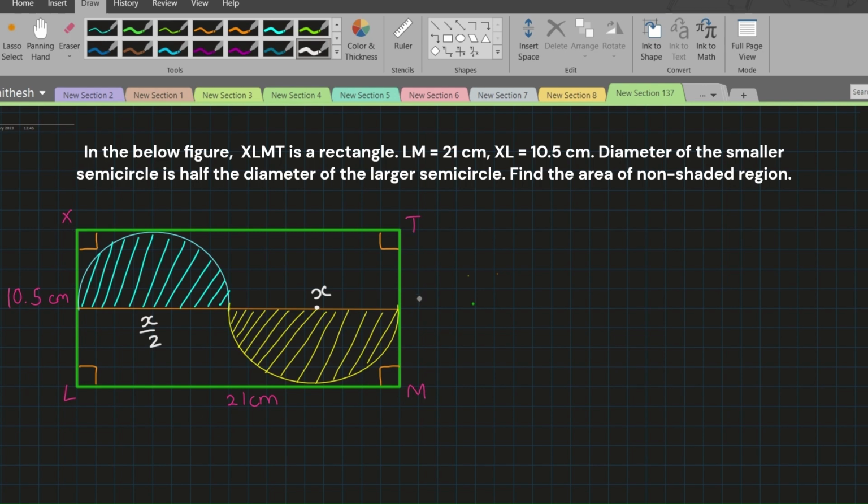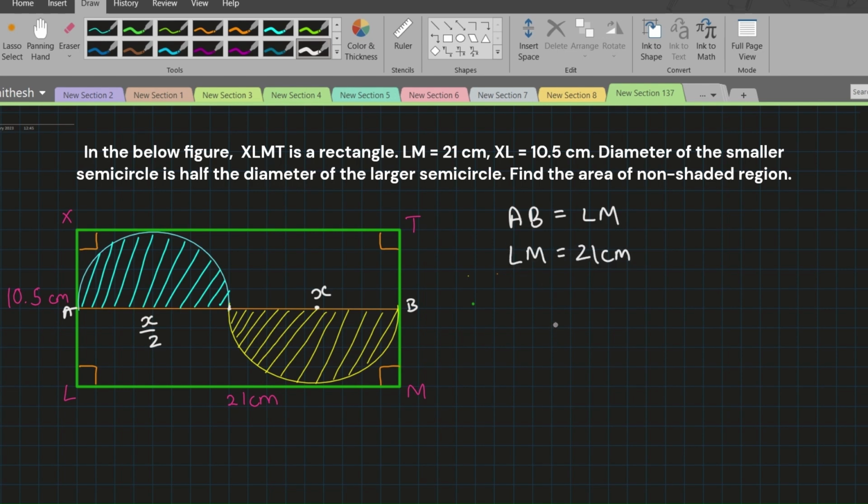The property of a rectangle is that the opposite sides of a rectangle are equal to each other. So if I connect both the diameters, that is A and B, we can say that AB is equal to LM because they are parallel to each other. We know the value of LM is equal to 21 centimeter.